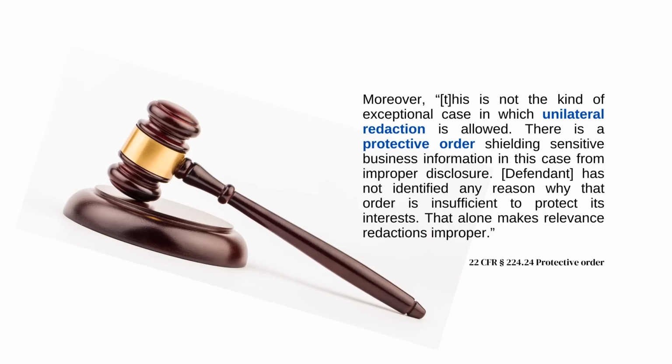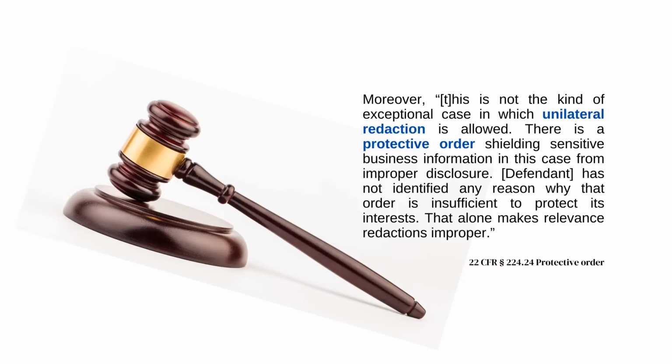Moreover, the court said, this is not the kind of exceptional case in which unilateral redaction is allowed. There is a protective order. Now, this is really critical why the court is making this point about this case not qualifying for a unilateral redaction, because the defendant had the opportunity to put a protective order in place.